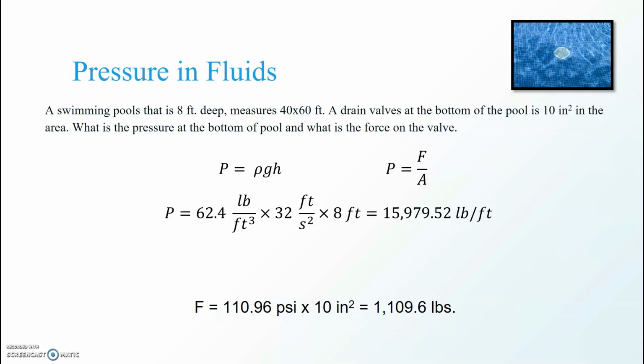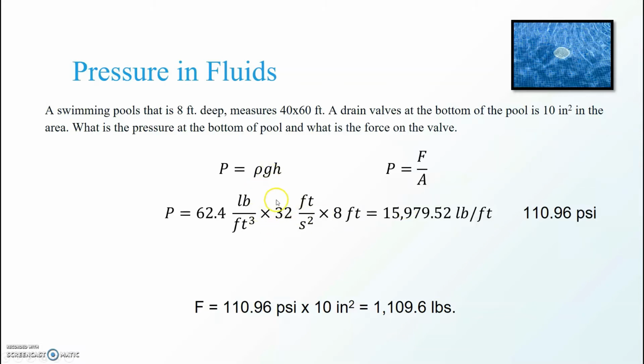So pressure is going to be the density of the pool, so rho g h, which gives us 15,979.52 pounds per square foot. Now, everybody's like, where did this 32 come from?